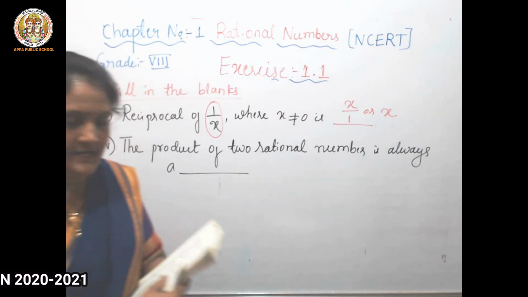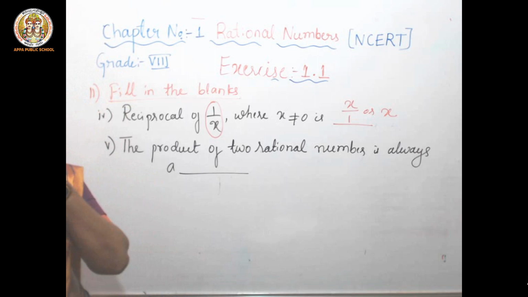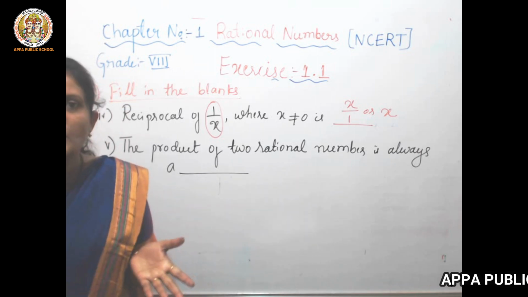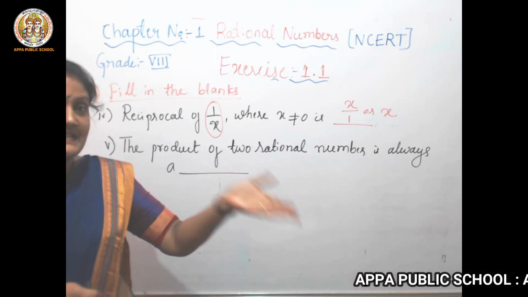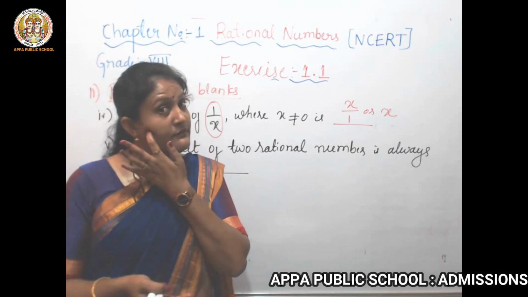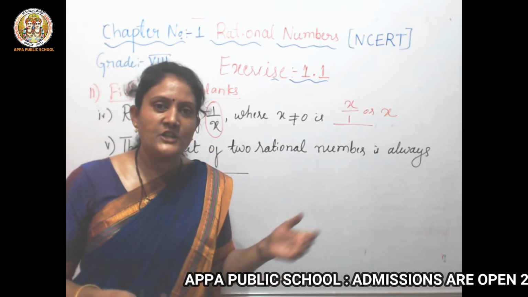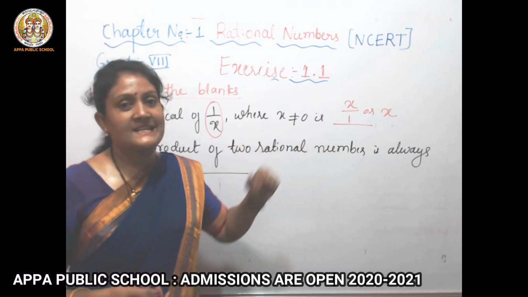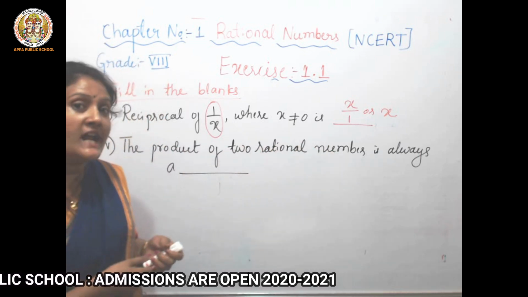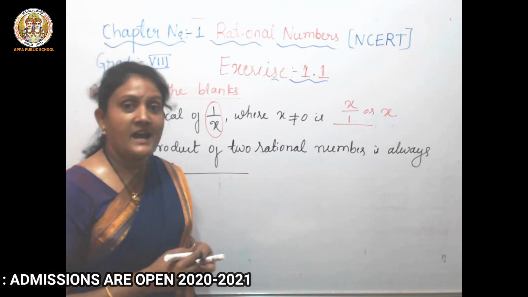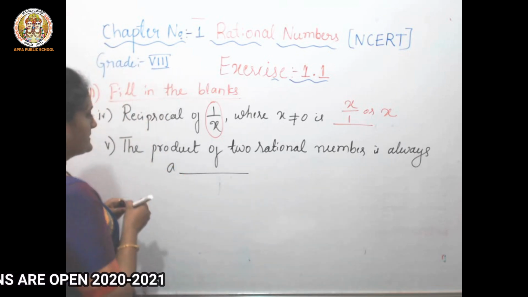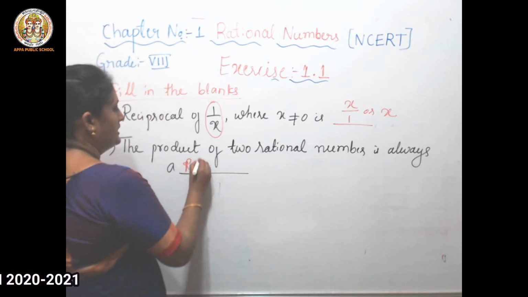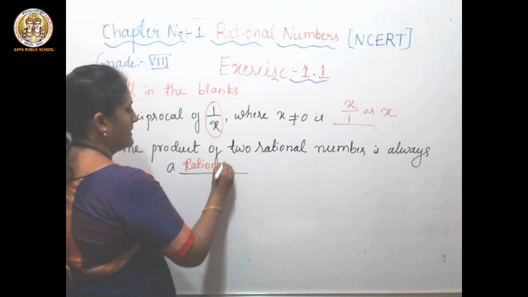See, in the concept we learned, if we are multiplying 2 into 4, 2 fours are 8, 2 and 4 both are natural numbers, and that 8 is also a natural number, isn't it? So in a similar way, if we multiply two rational numbers, the result will be a rational number only. So the answer is rational number.